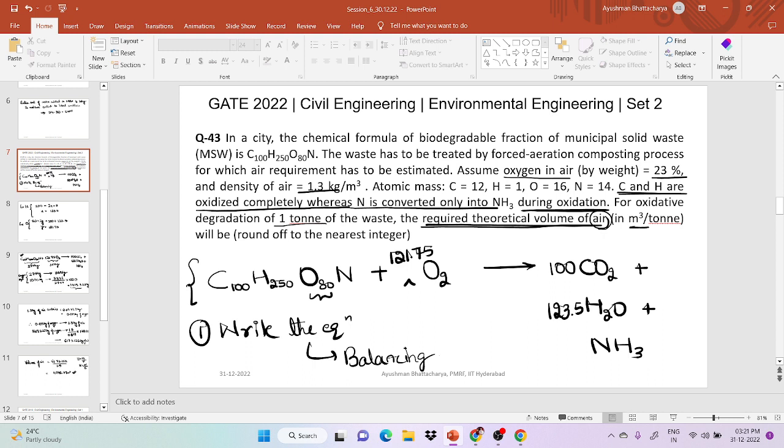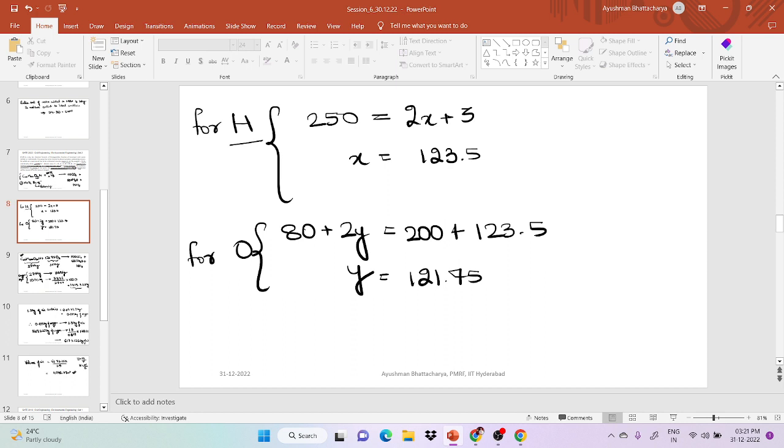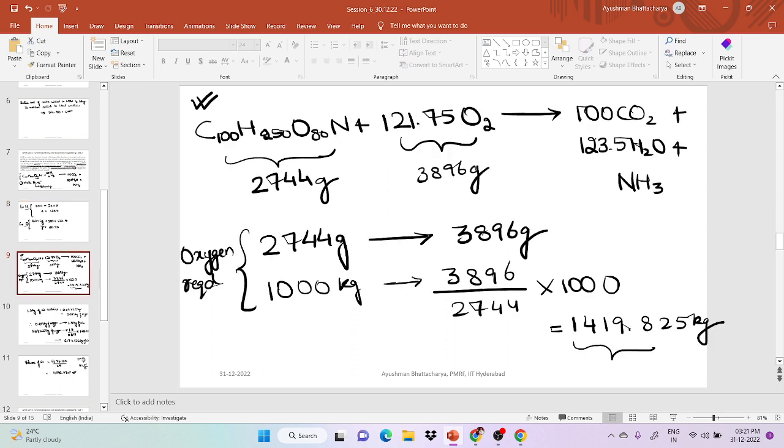Once you have written the equation, you balance the hydrogen and the oxygen. After balancing, we applied the unitary method: this much amount of waste requires this much amount of oxygen. So 1 kg of waste, as asked in the question, will require this many kg of oxygen.